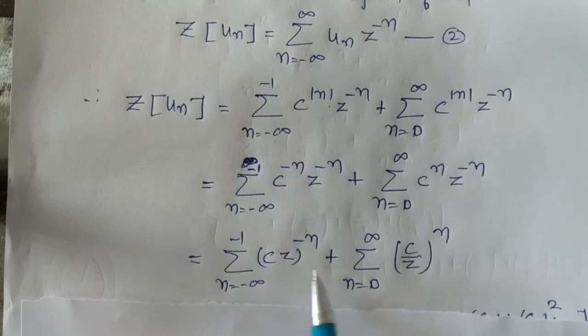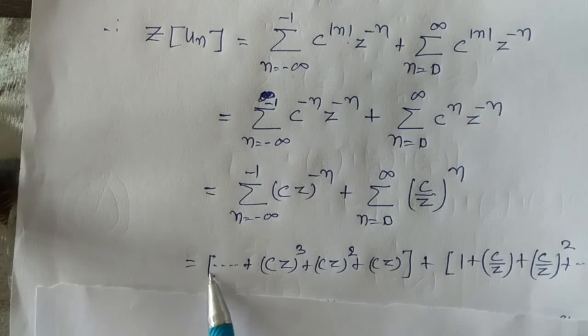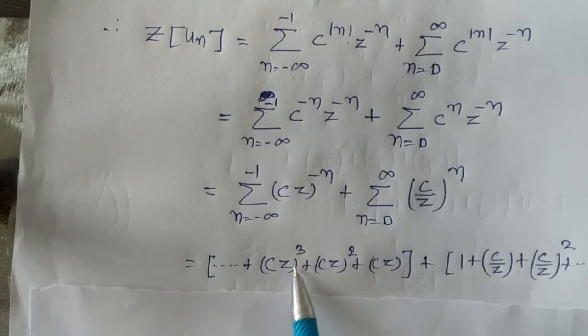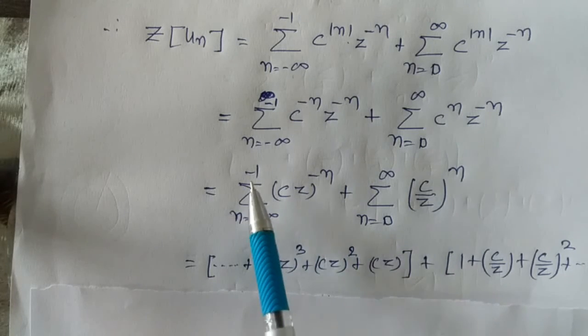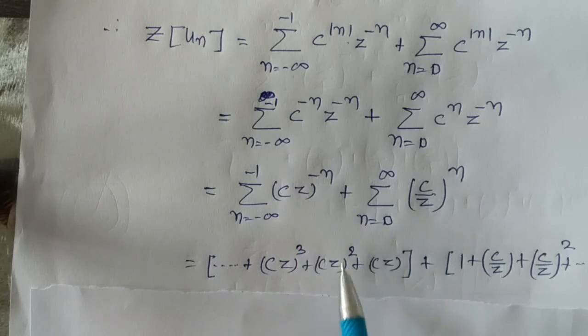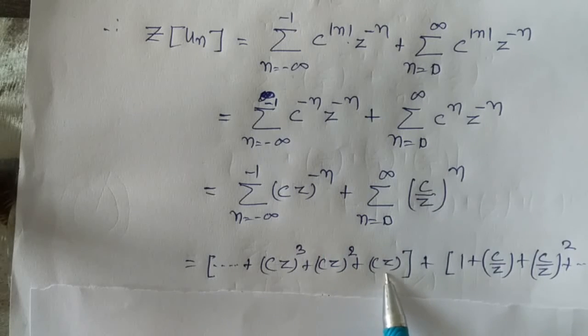Now we expand this summation by putting the values of n. In the first summation we start from n equal to minus infinity, and then we come to n equal to minus 3, n equal to minus 2, and n equal to minus 1. So for n equal to minus 3 we have plus 3 here, so we have cz whole cube, plus for n equal to minus 2 we have cz whole square, plus for n equal to minus 1 we get cz.